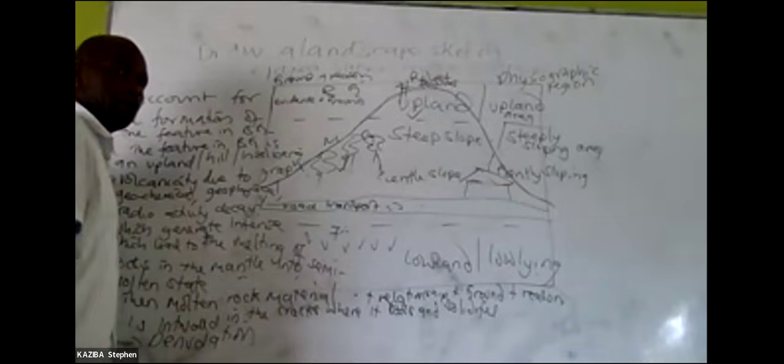So you have to explain how they are formed inside. Then afterwards, you talk about denudation. Then denudational processes of weathering and erosion remove the overlying layers, exposing the solidified material as an upland. So basically, that's what I want to talk about.